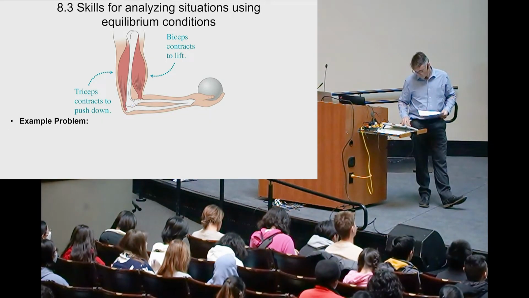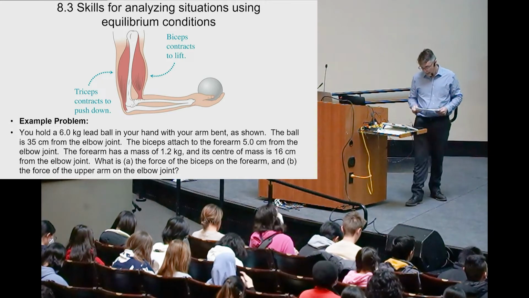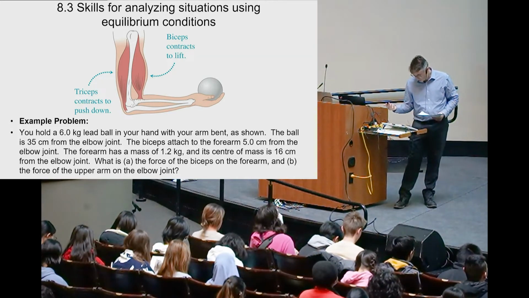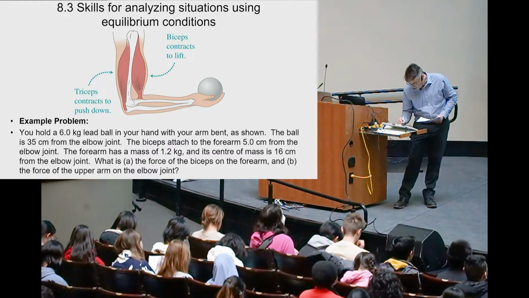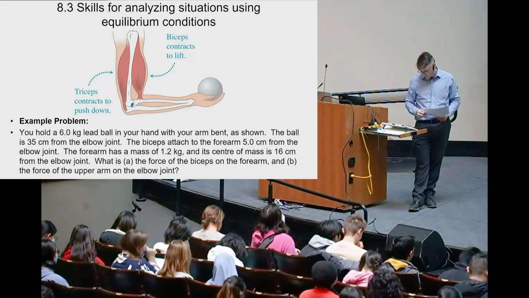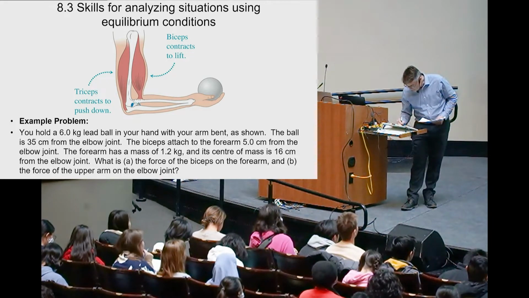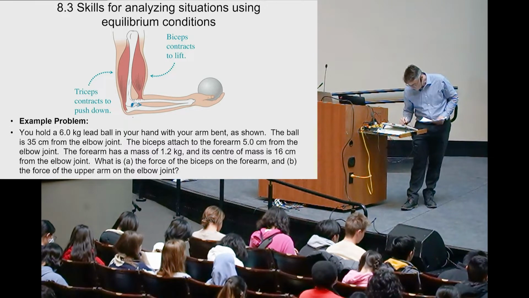Okay. So example: you hold a 6-kilogram lead ball in your hand with your arm bent as shown. The ball is 35 centimeters from the elbow joint, so you define a rotation axis at the elbow joint. The biceps attach to the forearm 5 centimeters from the elbow joint.